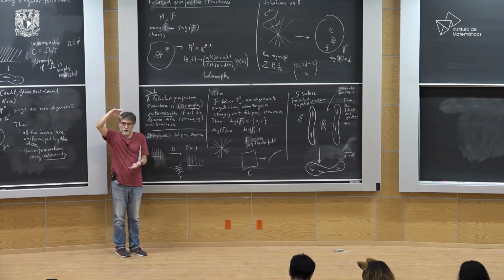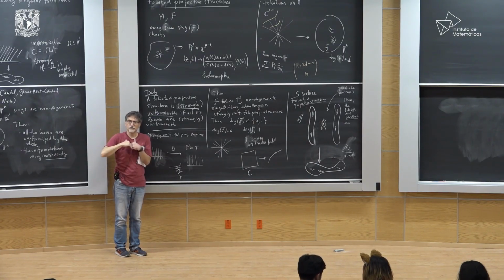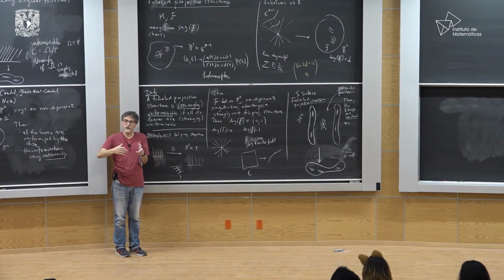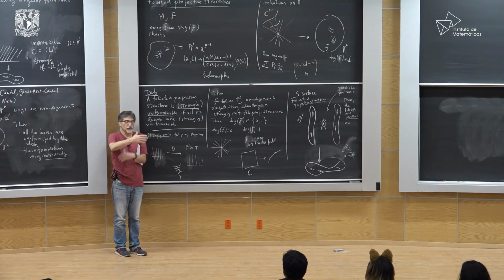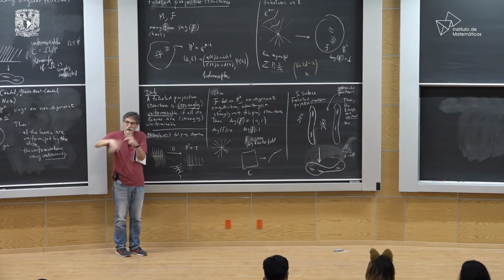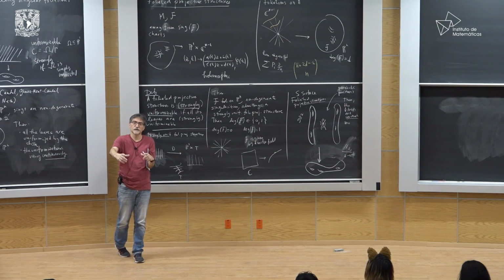So this will have a globally defined chart. Charts are local, but if you are simply connected, they will be global. So this global chart is this D. This D, for a generic projective structure, can be very complicated, can be wrapping infinitely many times around the sphere. But in these strongly uniformizable foliated projective structures, this global chart will be injective. That's another way to characterize them.